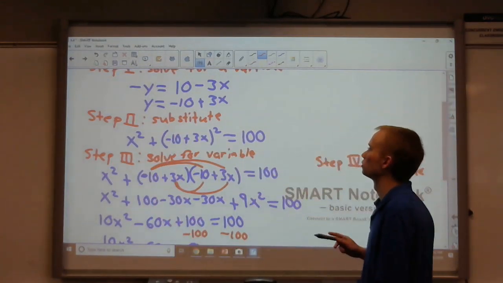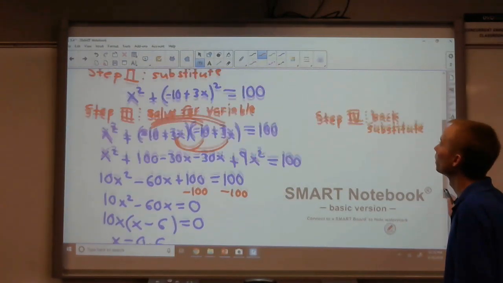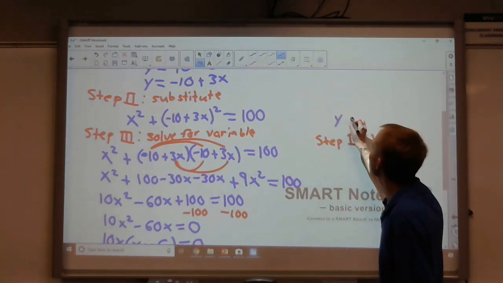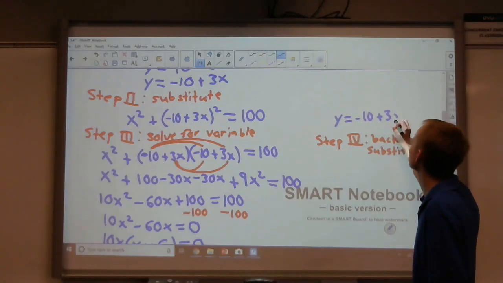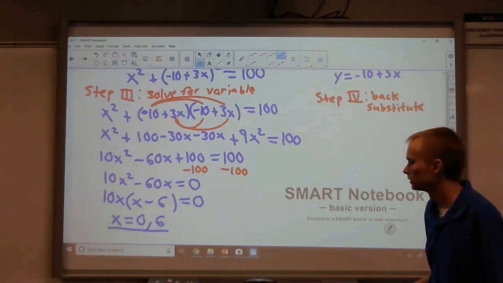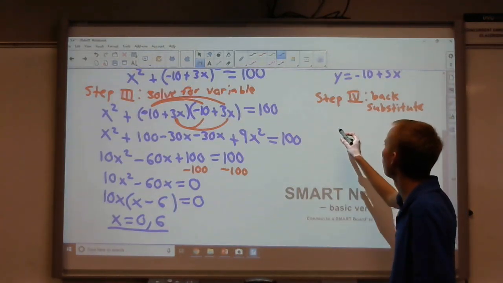So let's see, what was our equation? I'll write it right here. y is equal to negative 10 plus 3x. That was our equation that we solved for y. So now I just plug in those two x values to get y.